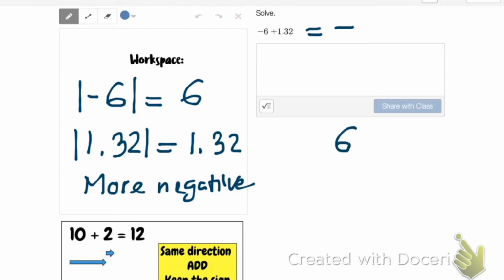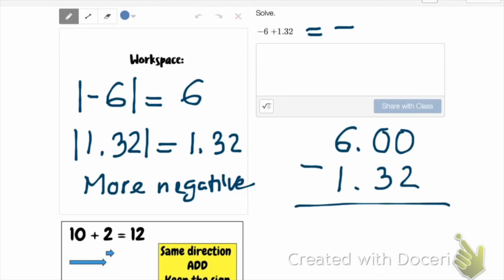Then I will take the bigger absolute value minus the smaller absolute value. 0 cannot minus 2, so I have to borrow 1 from here. But since I have 0, I cannot borrow it, so I have to start borrowing from 6. So it's going to be 5, and I borrow here 10.